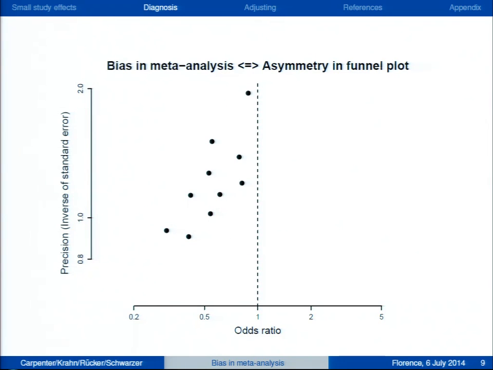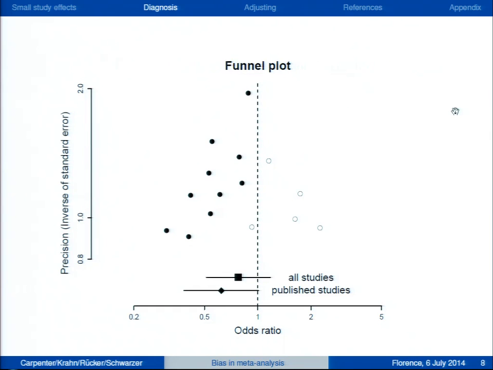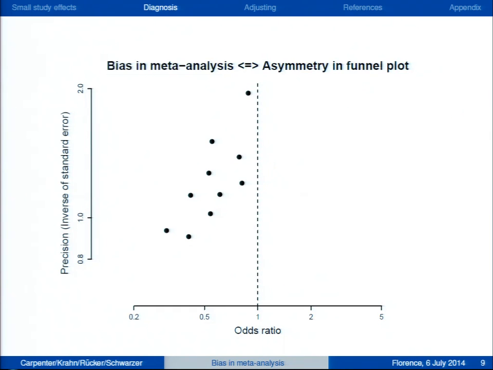I forgot to say this: here the 1 is simply the neutral line in this example. So it's different in the examples. I'm sorry, and that was confusing you, of course.